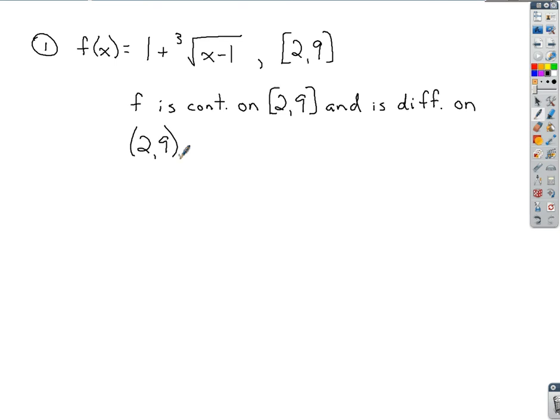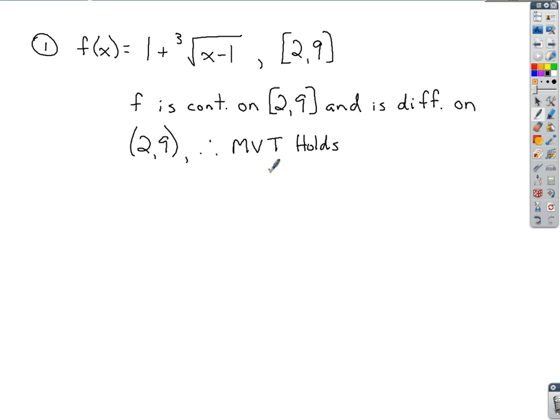And assuming this is all true, we can establish that the mean value theorem will hold true for this problem, and we can proceed to find that value of c, or values of c, that we're looking for.